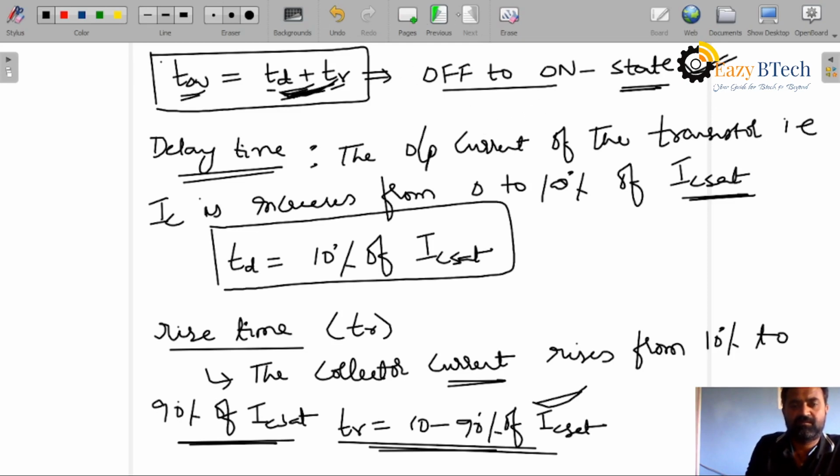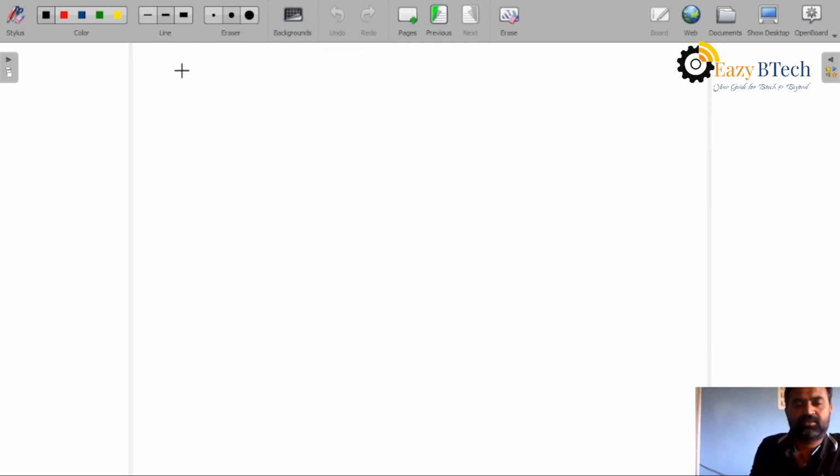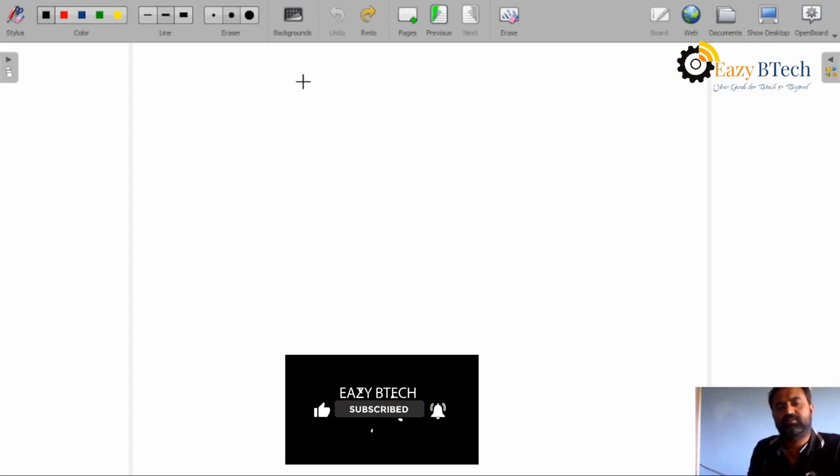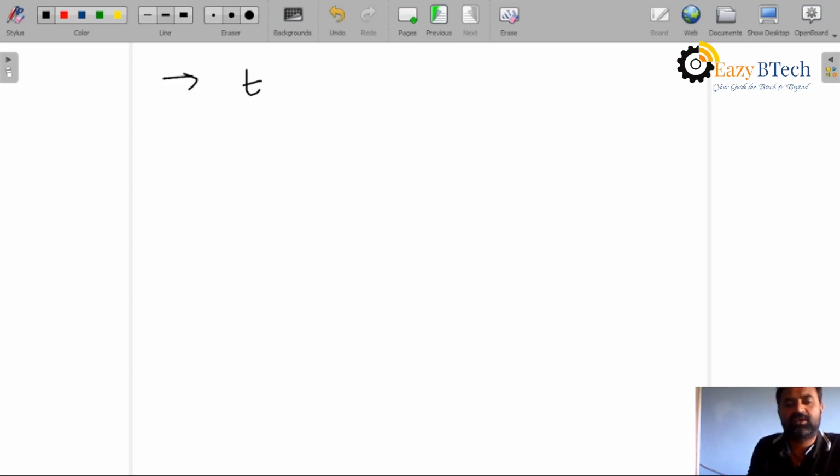Similarly, storage time. T off simply depends upon TS plus TF.